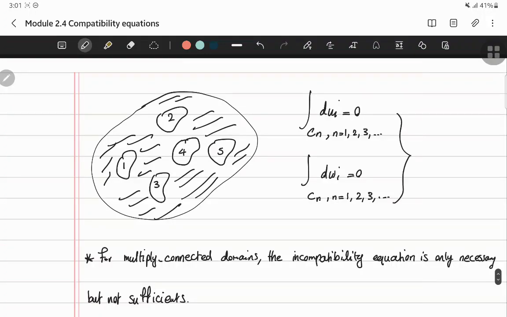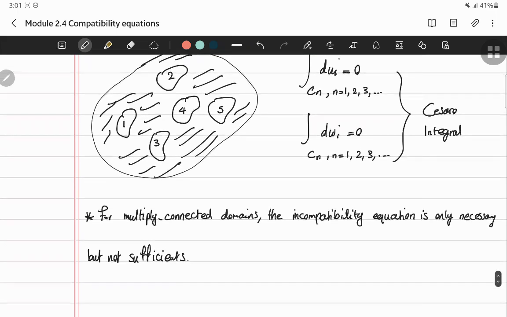So these are the integrals that we call Cesaro integrals. Basically, Cesaro proved that for a multiply connected domain, you also need to fulfill these two integrals. And to give you an idea of a multiply connected domain, think of a cylinder like this. So there is a hole in here.